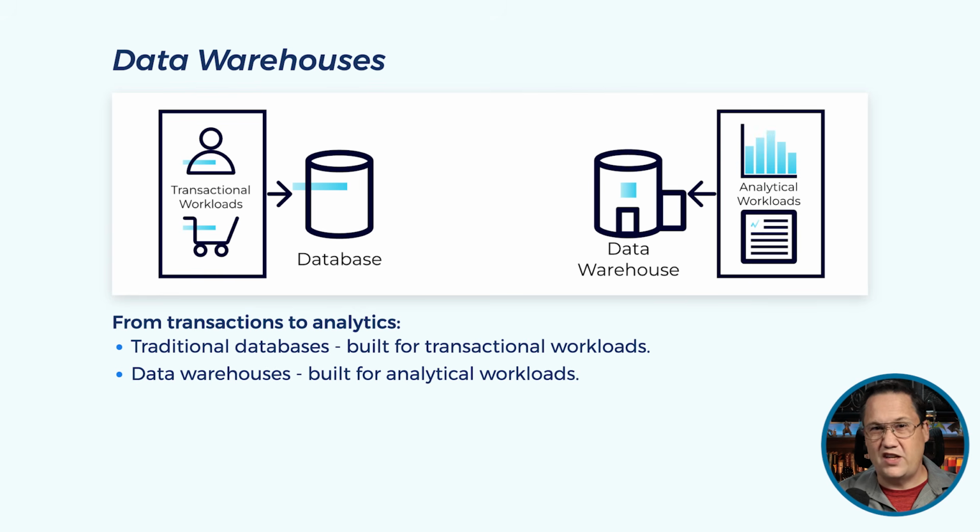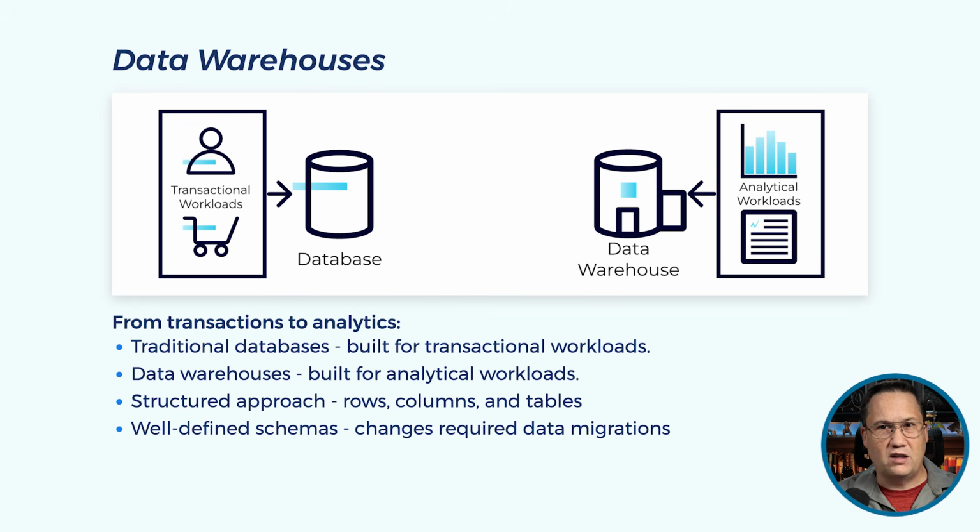Data warehouses, on the other hand, were designed for online analytical processing, or OLAP, and optimized for large datasets. They followed the same structural approach with rows, columns, and tables with well-defined schemas that were designed upfront for consistency and predictability. The schemas could change, but it required migrating existing data to match the new structure.